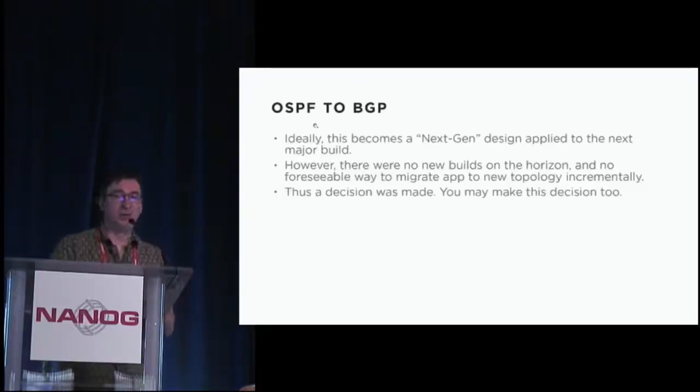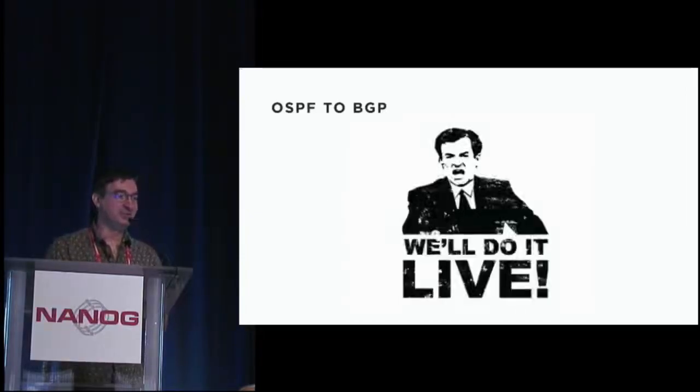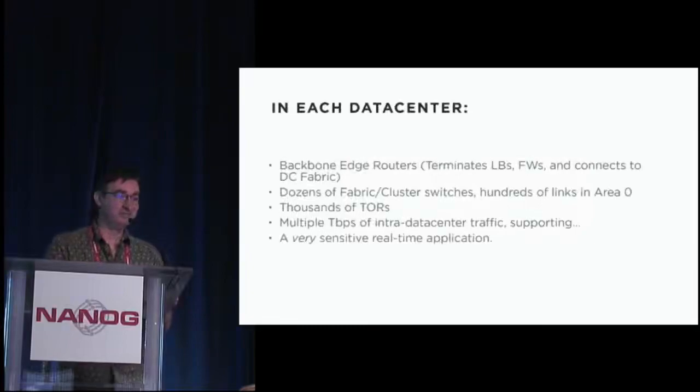We, at the time, were not looking at any new data center builds. We couldn't foresee a way that we could build a new topology in our data center and migrate traffic over incrementally. Thus, we made the decision that we were going to do it live. We were going to turn up BGP inside our data center on the same topology that our OSPF is currently running on, and then tear down OSPF.